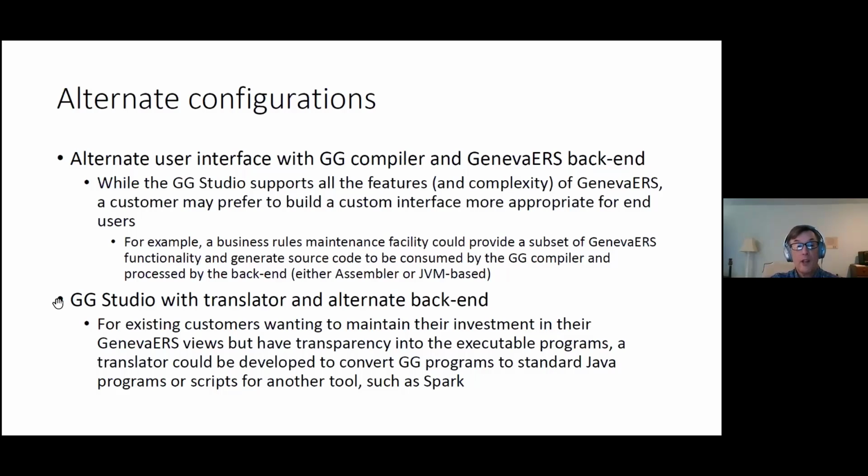Another technique is you could have a GG Studio front end with a translator that gives you different backends instead of our traditional Geneva performance engine. You could generate Java programs or Spark programs out the back end. So that's what I have to say about that. Back to you, Kip. Oh, that's excellent, Randall.